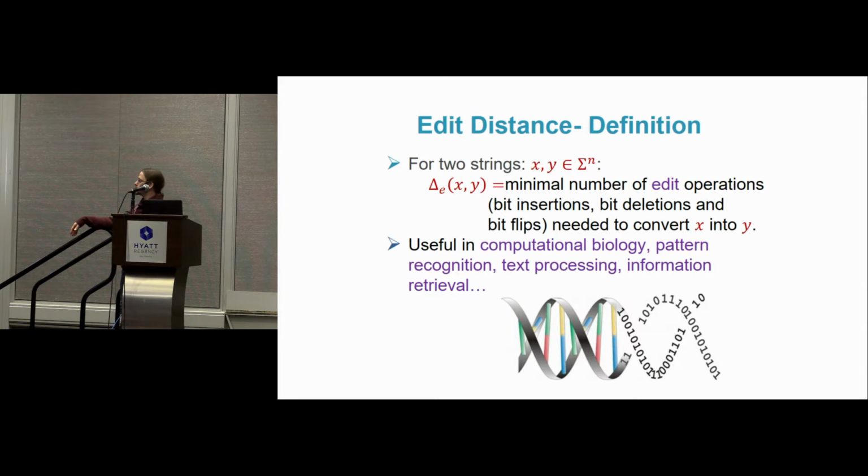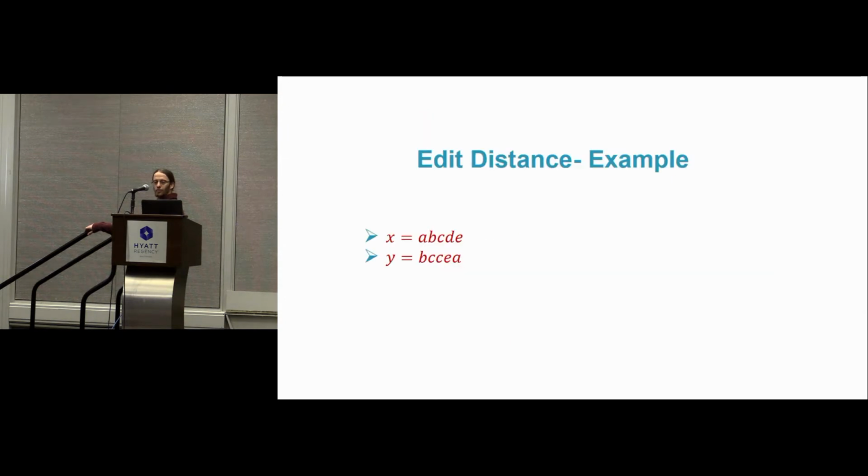This is a very basic measurement of distance, and it's used in many applications, including computational biology, pattern recognition, text processing, and many others. Let us do a very quick example just to demonstrate the definitions. If I give you these two strings, x and y, how can we convert x into y?